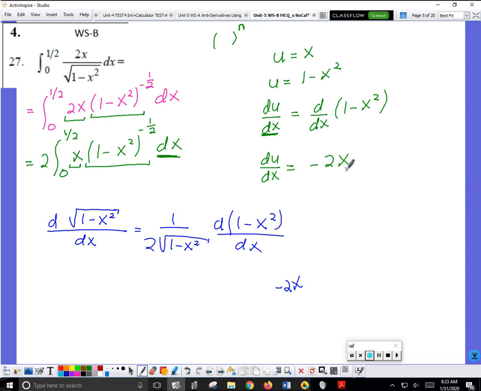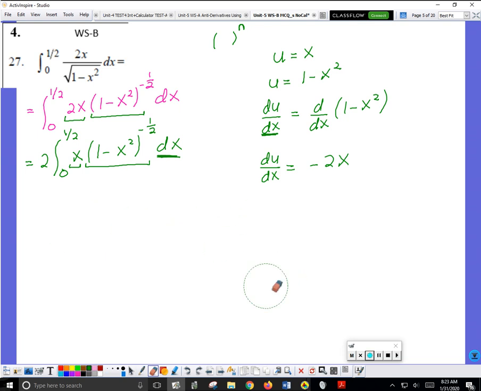Awesome. And I erase the blue. Okay, so everything's going to work, so now I can start making my substitutions. So this is equal to 2. Oh, we have one new step.